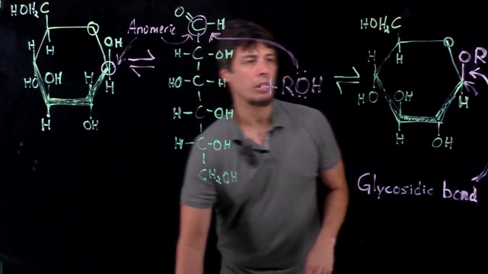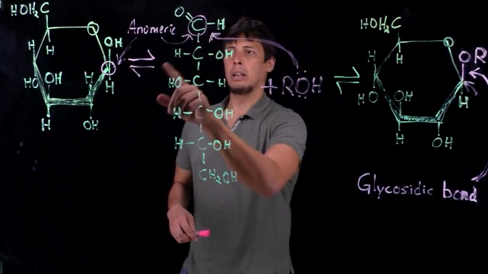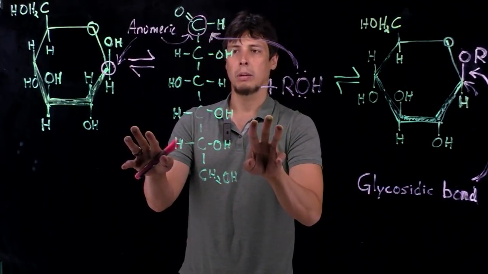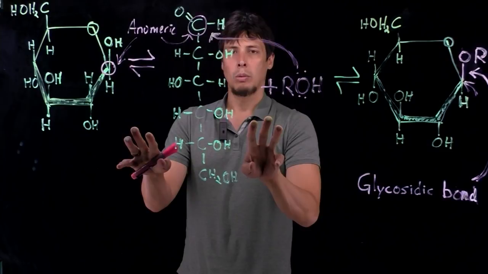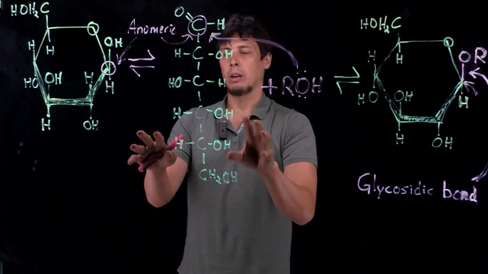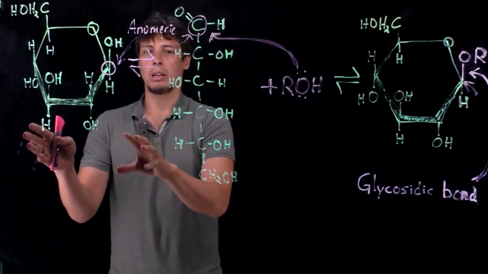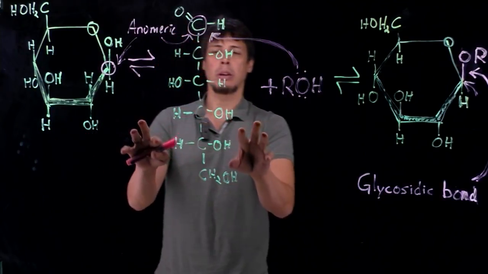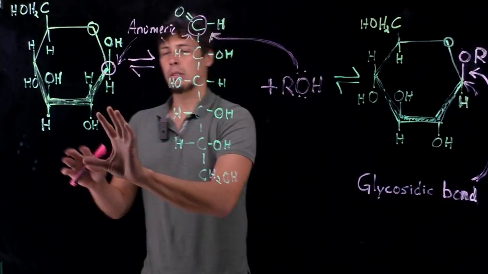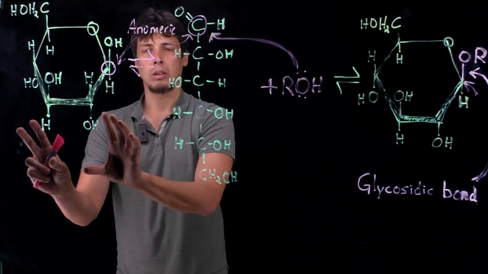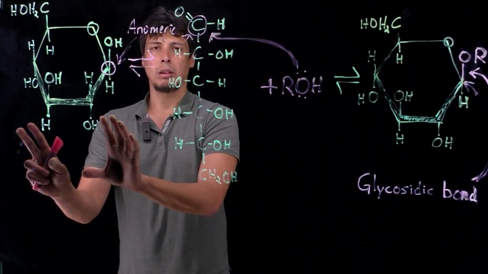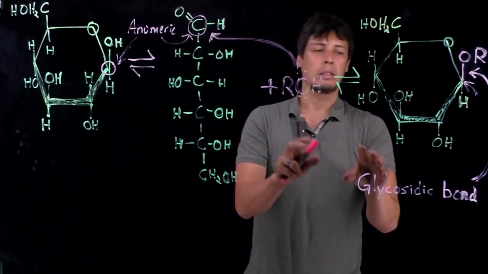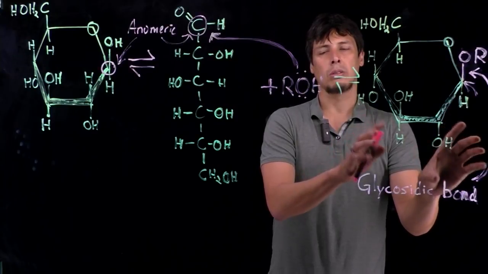And so the difference here is that in this equilibrium, we can get back to the linear form pretty regularly. So while the equilibrium between D-glucose, the pyranose form, and the linear form still lies strongly towards the ring, towards the pyranose, in this case it lies even more strongly towards the ring.